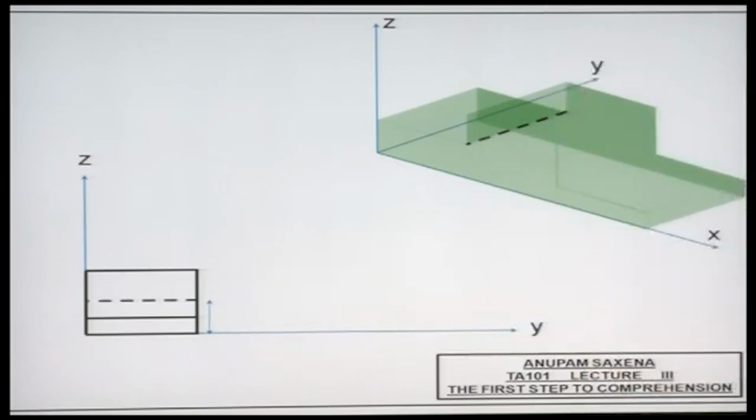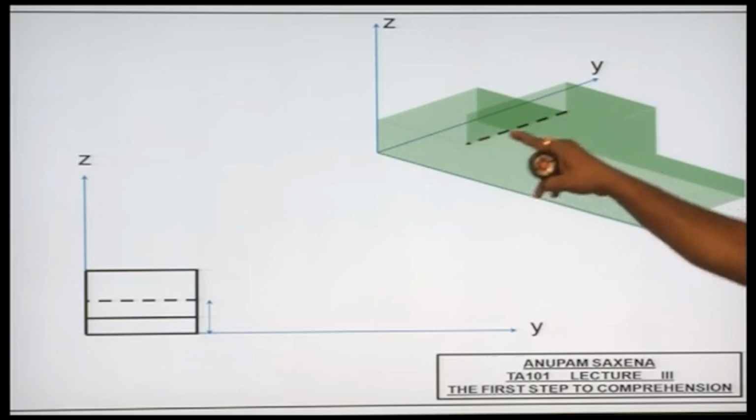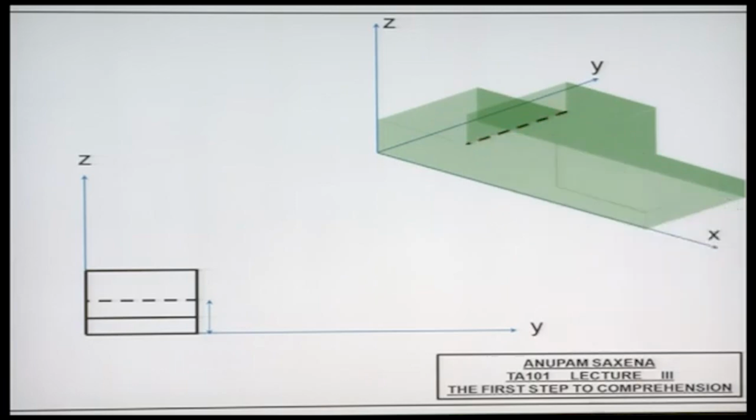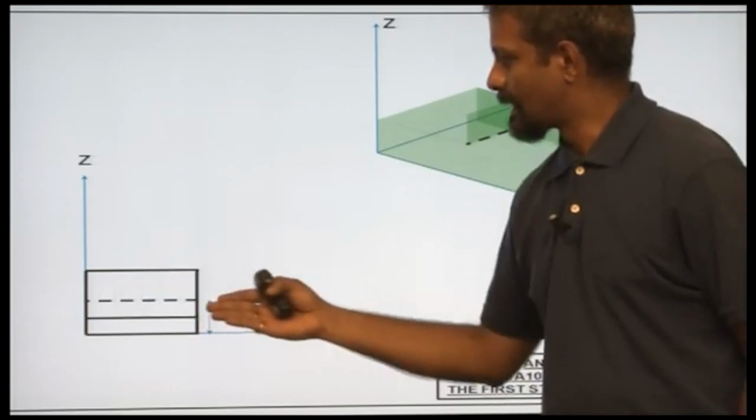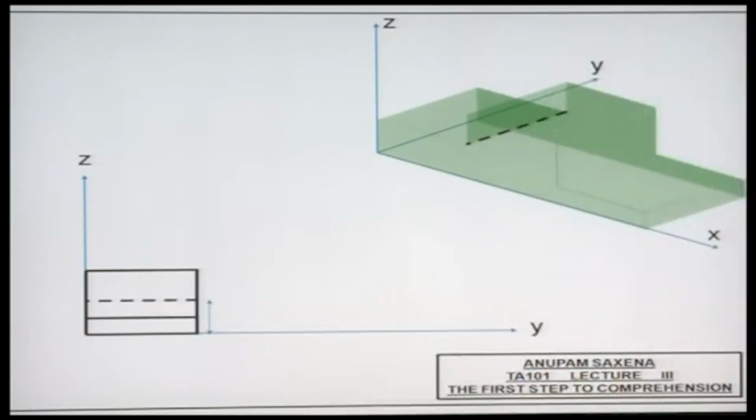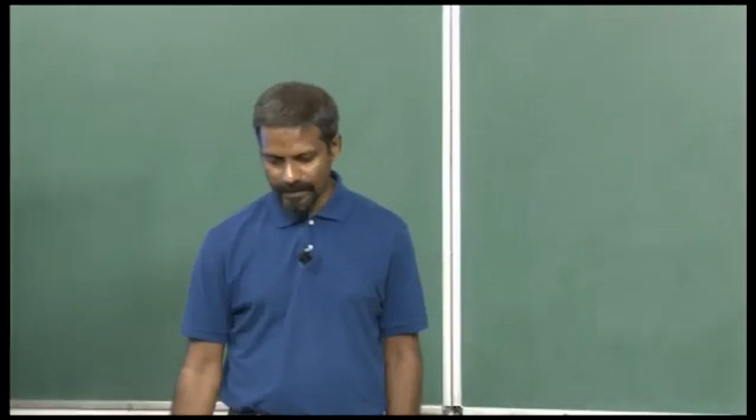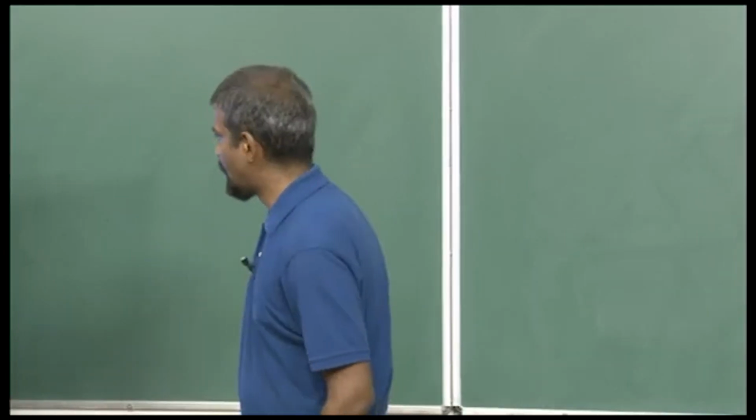Okay. And since this edge is not directly visible to us, we are going to be using a convention. We are going to be representing that using a dashed line. All the other edges which are visible to us are represented as solid lines.